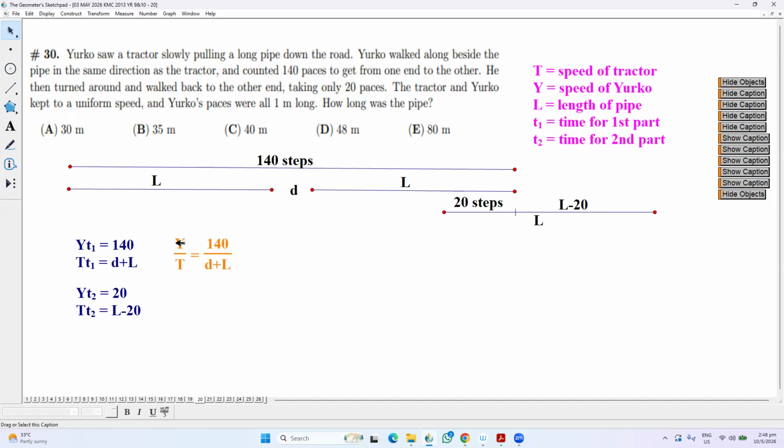So dividing, Y over T equals 140 over D plus L. Here, Y over T equals 20 over L minus 20. So we can equate and only get D and L. Our aim is to find L, the length of the pipe.